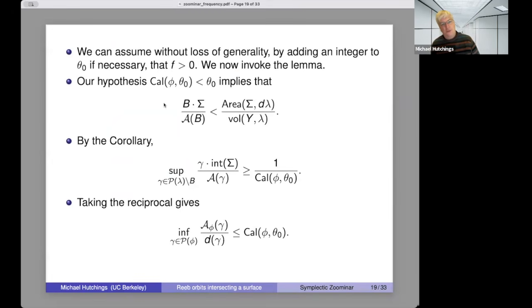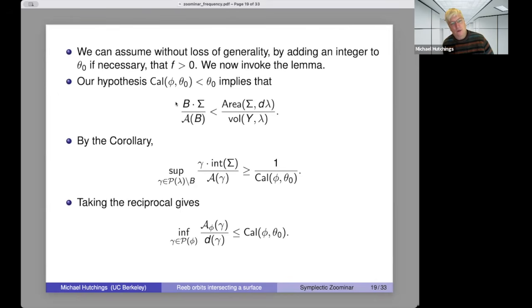Now, the hypothesis of the theorem was that the Calabi invariant is less than theta 0. And if you translate that using the lemma, this says that the frequency of intersections of B, the boundary orbit, with the disk is less than the area divided by the volume.